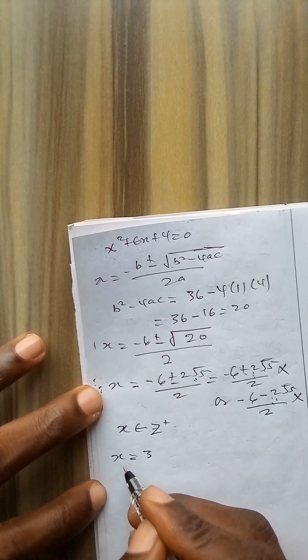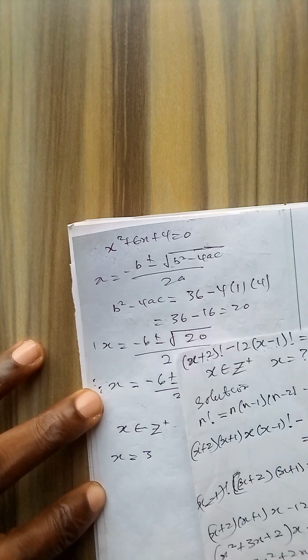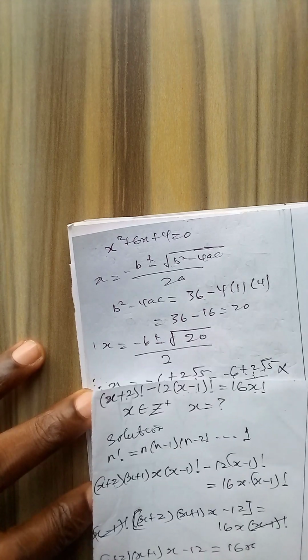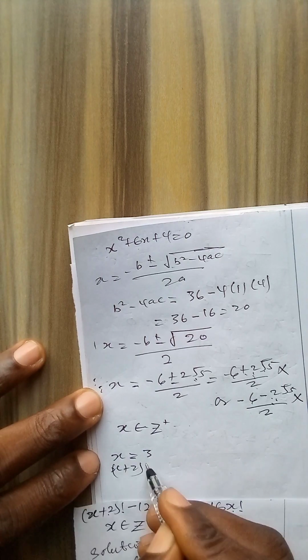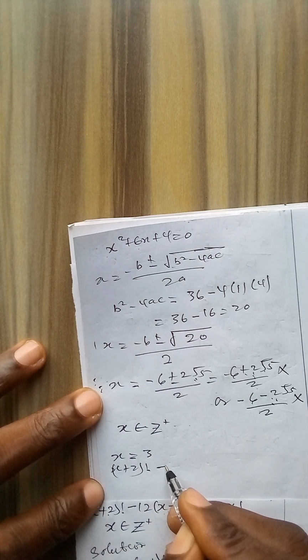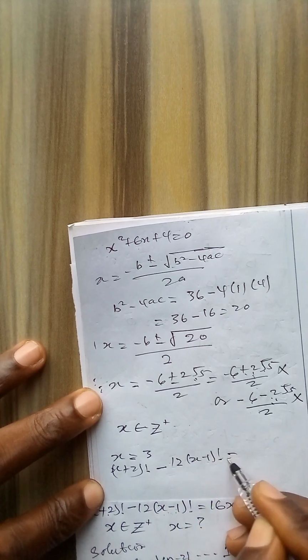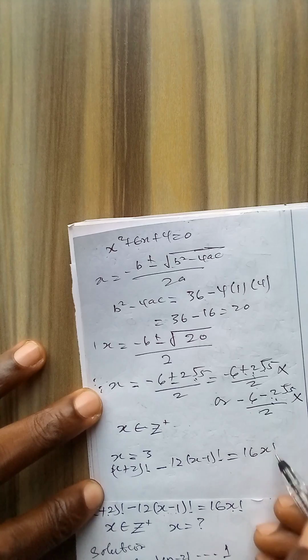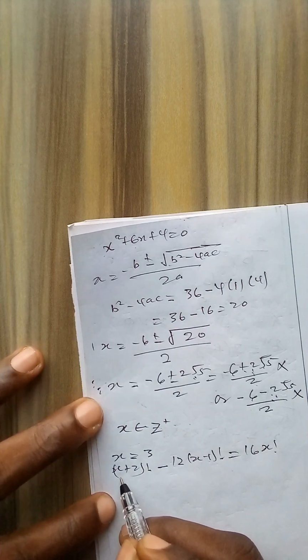Let's now back substitute the value of 3 for x in the original question. The question is (x+2)! minus 12 times (x-1)! is equal to 16 times x!. So let us put in the value of 3 where we see x.